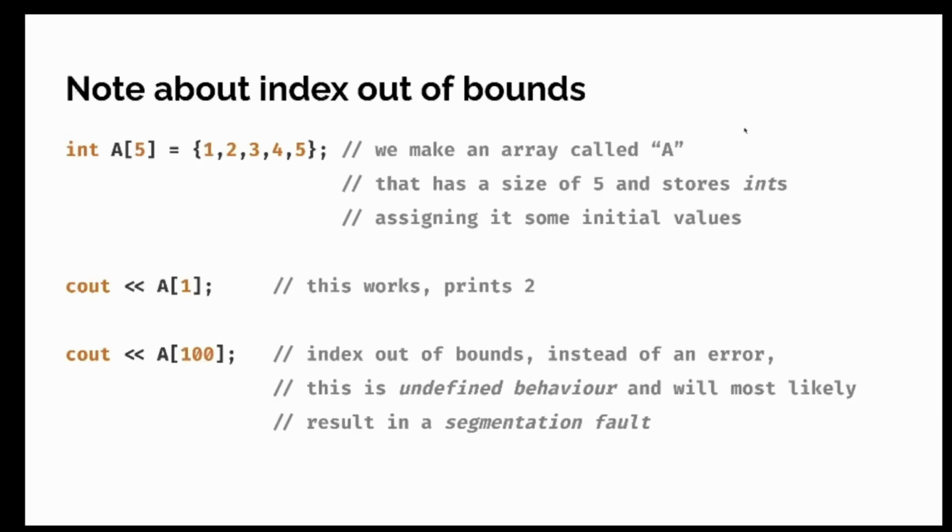So if you go to the 100th slot, the computer doesn't know what you're talking about because you didn't tell it to create 100 spaces. So we call this a segmentation fault, and it'll probably give you undefined behavior. Or if you're using a text editor, it'll just tell you, oh, out of bounds.